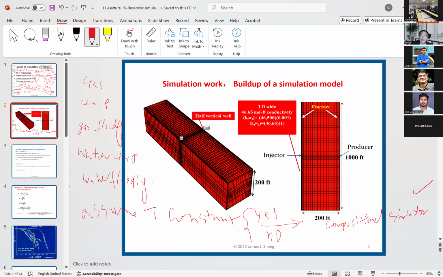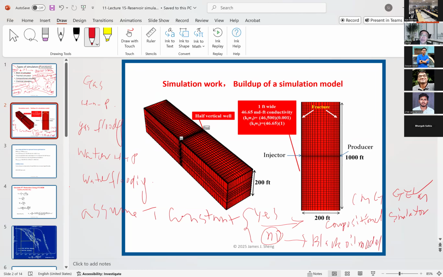In this case, I used the compositional simulator, and the commercial simulator name is CMG's GEM. But without considering detailed oil components, we can also use a black oil model.